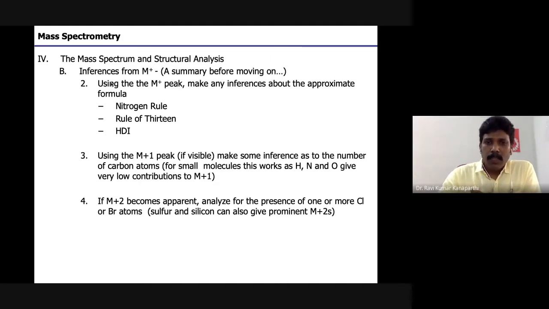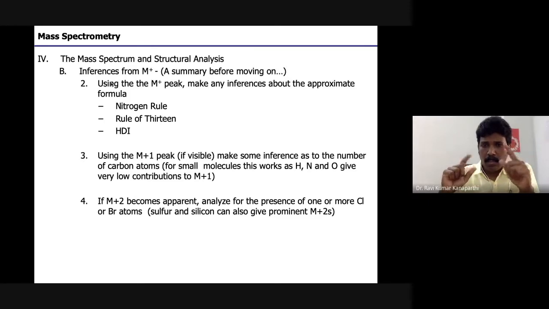Similarly, you can also look carefully at whether there is an m+2 peak or not. If there is an m+2 peak, it means that there are a couple of elements that can be present, right? The best example is to look at the intensity, and if there is a 1:3 relation between the m+2 peak, where the intensity is 1 unit, and the molecular ion peak, which is 3 units.